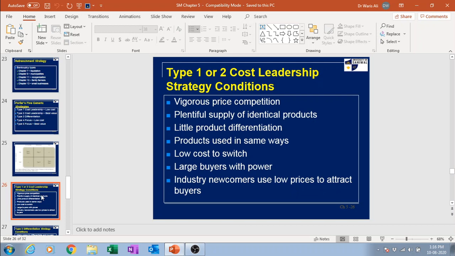We will follow them when there is vigorous price competition, when there is a plentiful supply of identical products prevailing in the market, little product differentiation exists, products are used in the same way, there is low cost to switch from one product to another, and large buyers are available.